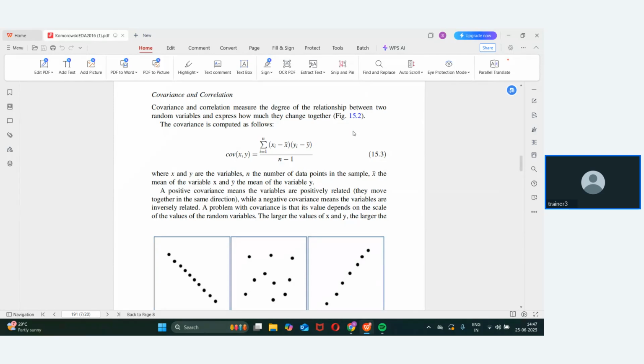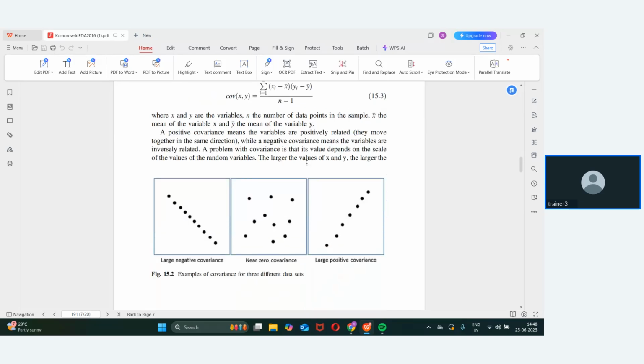Next, coming to covariance and correlation measures. What are they? These are just the degree of relationship between two random variables. They indicate how they change together. So this is a formula that can be given. Positive covariance, what does it indicate? They are in the same direction. They move together in the same direction instead of some going this way, some going the other way.